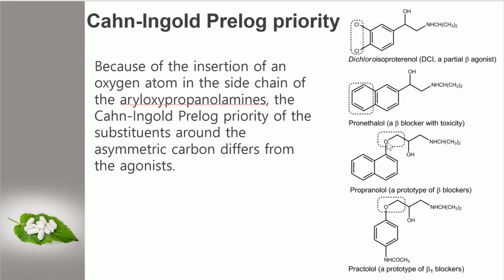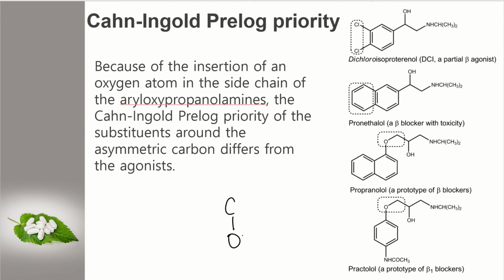So the fact that we have an oxygen here makes the priority assignment different. So I hope you take that into consideration going forward, because if this is our chiral center, right, and perhaps I should draw that out. So I'm just going to take the time to draw that out, right?